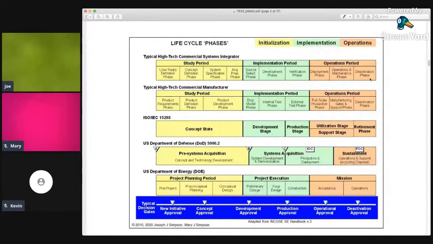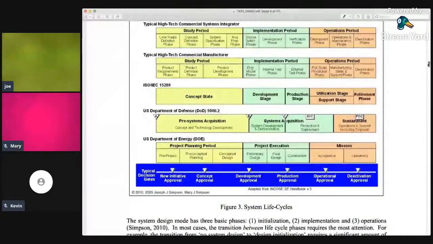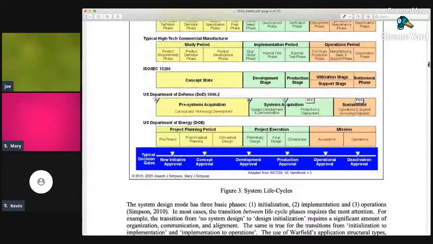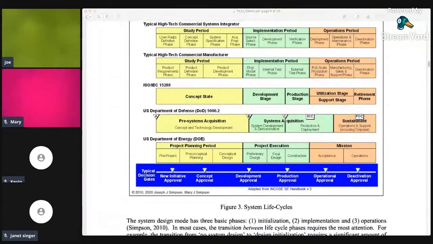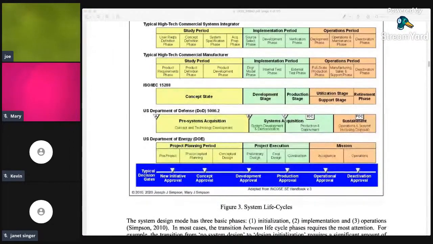In the operations, you can see here that the deactivation and disposal is also part of operations. So those are essentially just the long-term general types of system life cycles when we're talking about specific types of design activities.